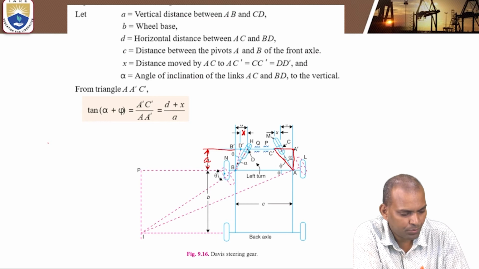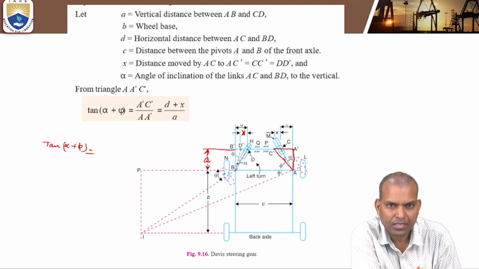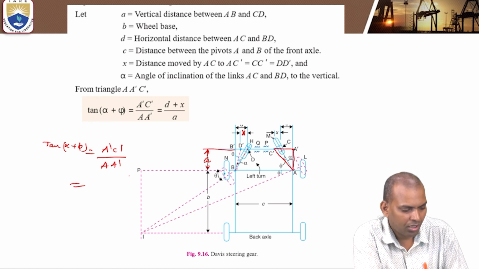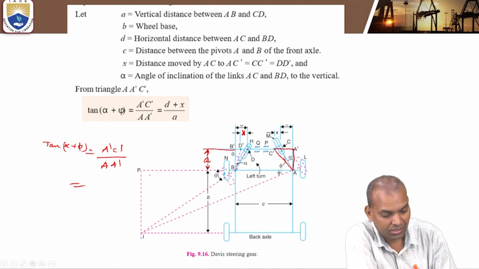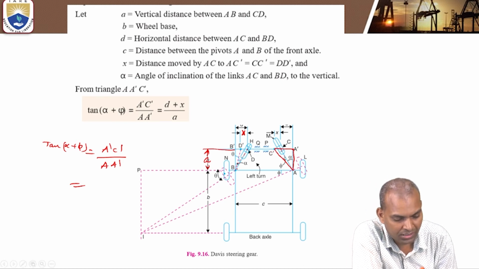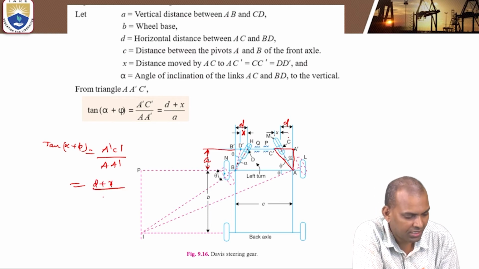Tan of alpha plus phi equals opposite side by adjacent side. The opposite side is A dash C dash and the adjacent side is A dash. Now this A dash C dash is the sum of, it is a D, plus X, divided by A dash, and this A dash is A. That is the term for tan of alpha plus phi.